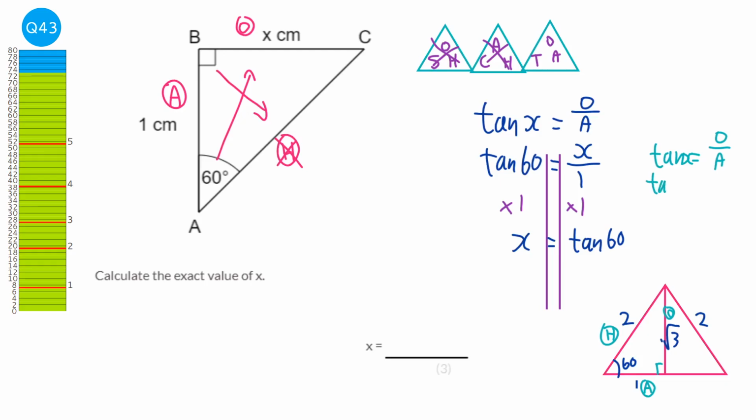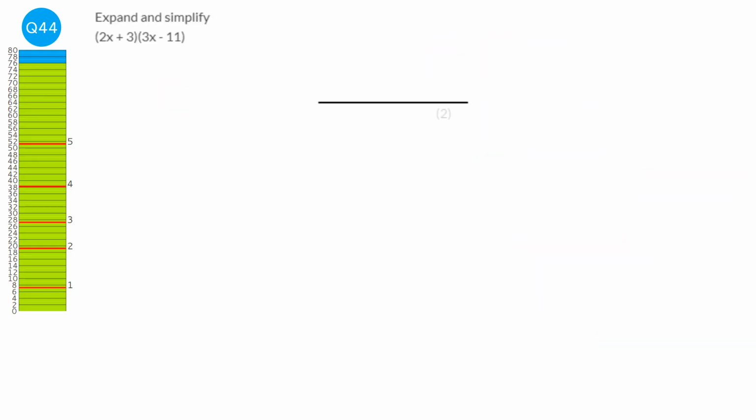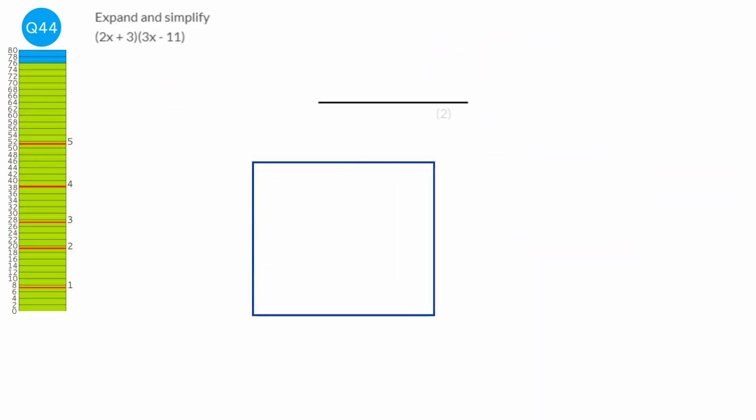And so tan 60 is going to be the opposite, which is root 3, over the adjacent, which is 1 in our diagram there. So tan 60 is equivalent, it's the same as root 3 over 1, or just root 3.